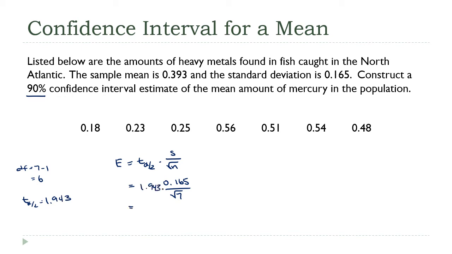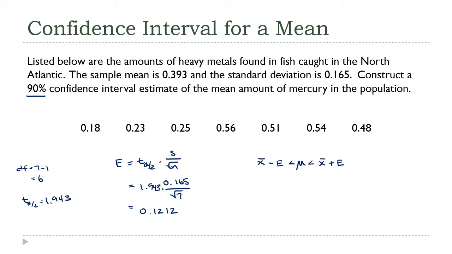Now you get your calculator, you work that out. This comes out to 0.1212. And that's my margin of error. Right, so what is my confidence interval? Well, remember, my confidence interval is x bar minus the margin of error less than mu less than x bar plus the margin of error. Right, so what is x bar?